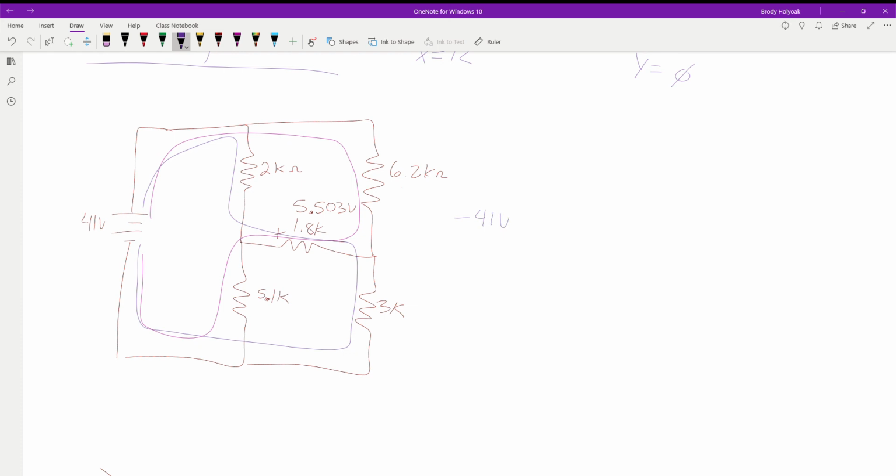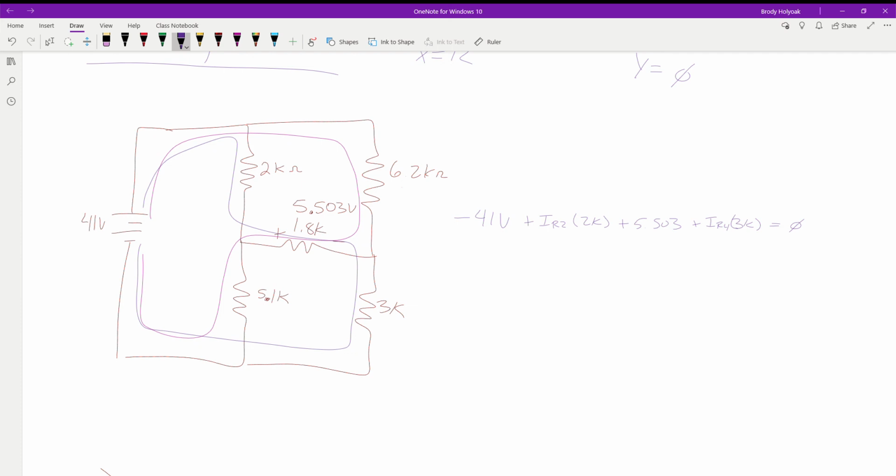We come across, we have plus IR2 times 2K, plus the 5.503, plus the IR4 times 3K equals 0. There's our Kirchhoff loop.